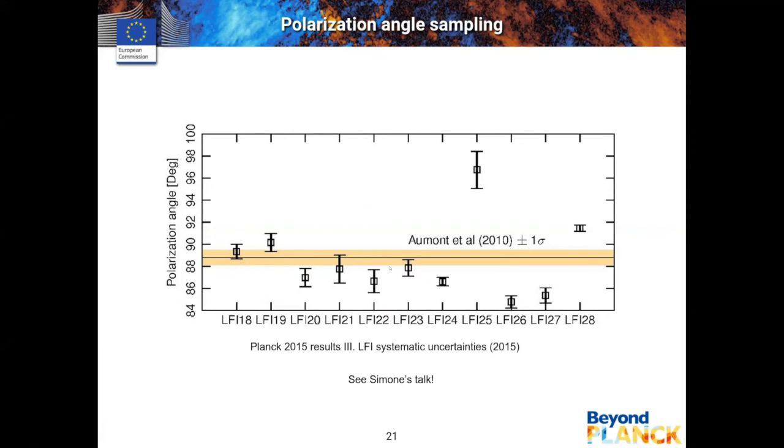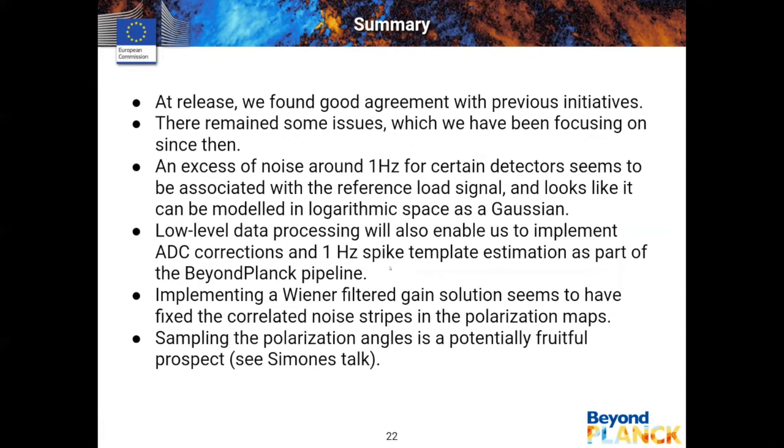So to summarize, at release, we had some good agreement with previous initiatives. There were issues remaining, which we have been focusing on since then. There's an excess of noise around 1 Hertz for certain detectors, and it seems to be associated with the reference load signal, and it looks like it can be modeled in logarithmic space as a Gaussian.